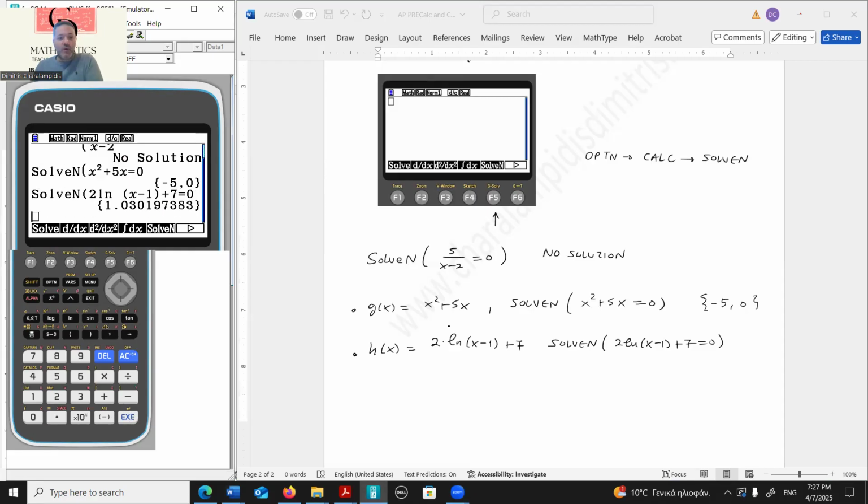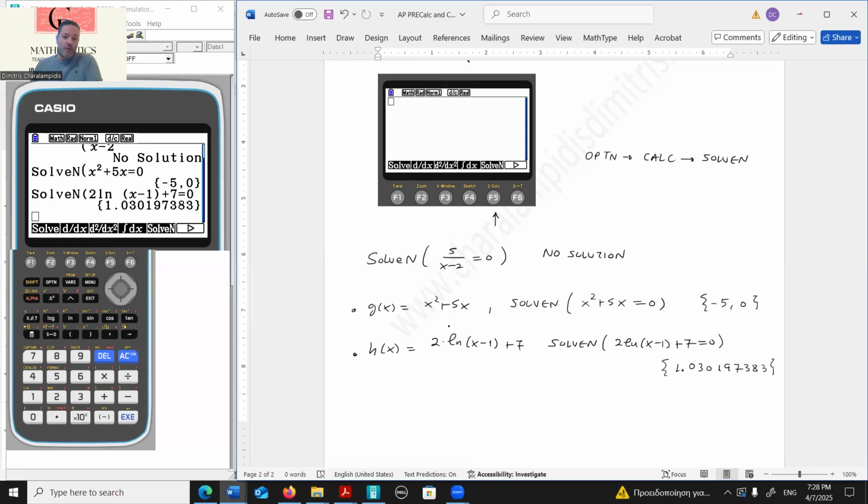So we end up with 1, this is a decimal point, 0.30197383. Remember that both in AP pre-calculus as in calculus also, we need to input either the entire number or the first 3 decimals.